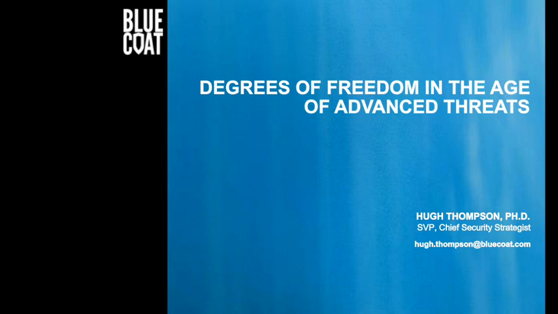There's a concept for this in the field of statistics called degrees of freedom. And I'm going to talk about this a little bit during this presentation because I think that the maturity of an industry can be measured by how well we understand the things that matter and the things that don't, the things that are free to vary.